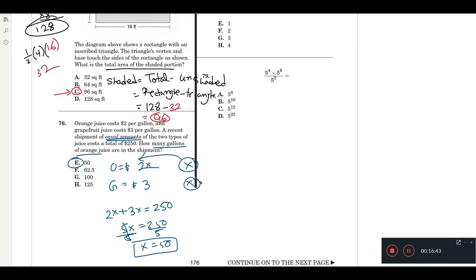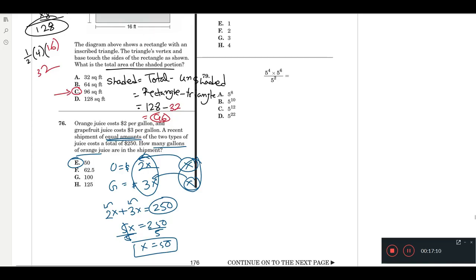And X gallons of grapefruit will cost how much? 3x. So this is the cost, and x is the number of gallons. So we multiply the number of gallons by its cost and set it equal to the total cost. Then we solve for x, and the value of x is actually the number of gallons. It means they have 50 gallons of each.